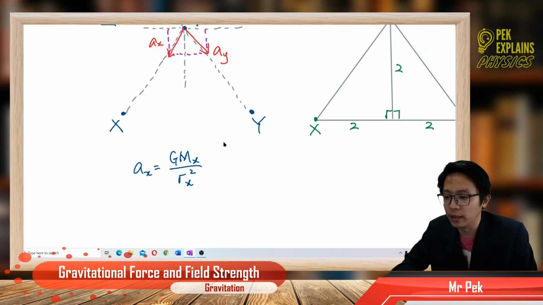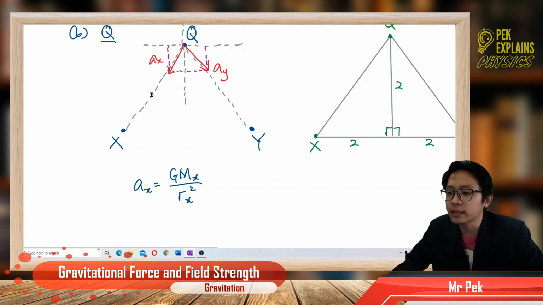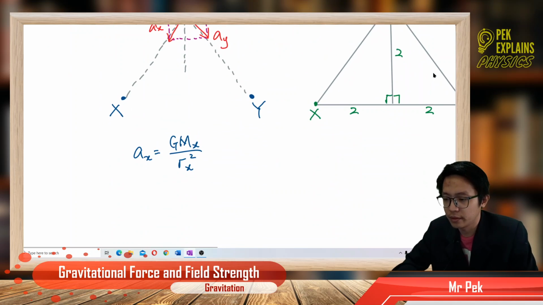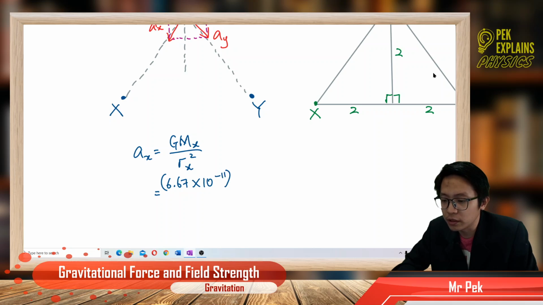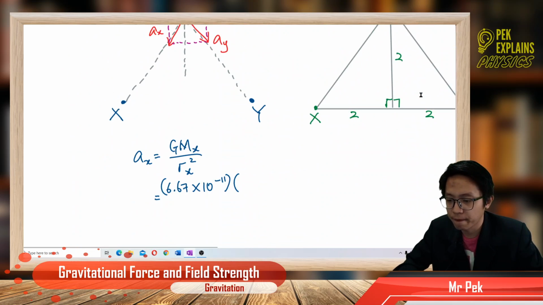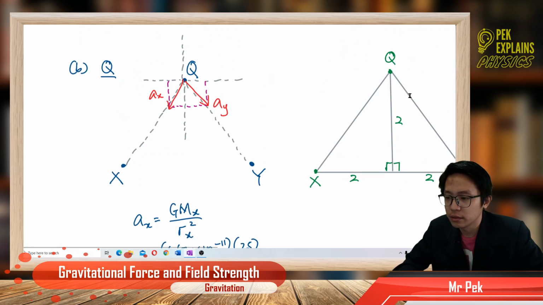What is mass X? Mass X is 25 kilograms. So 6.67 exponent negative 11, times 25 kilograms, over Rx.